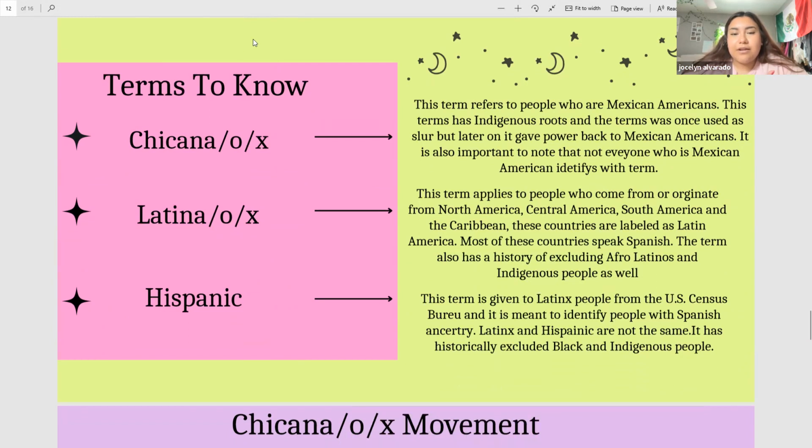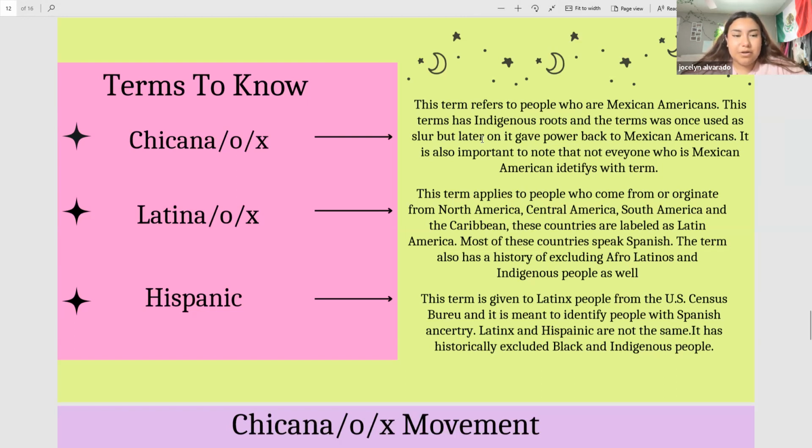It was once used as a slur, but Mexican American people later took the term back and used it as a powerful symbol, and eventually made it into a powerful movement. An important note is that not everyone who is Mexican American identifies with this term, so it is important that we ask Mexican Americans whether the term fits them or not.